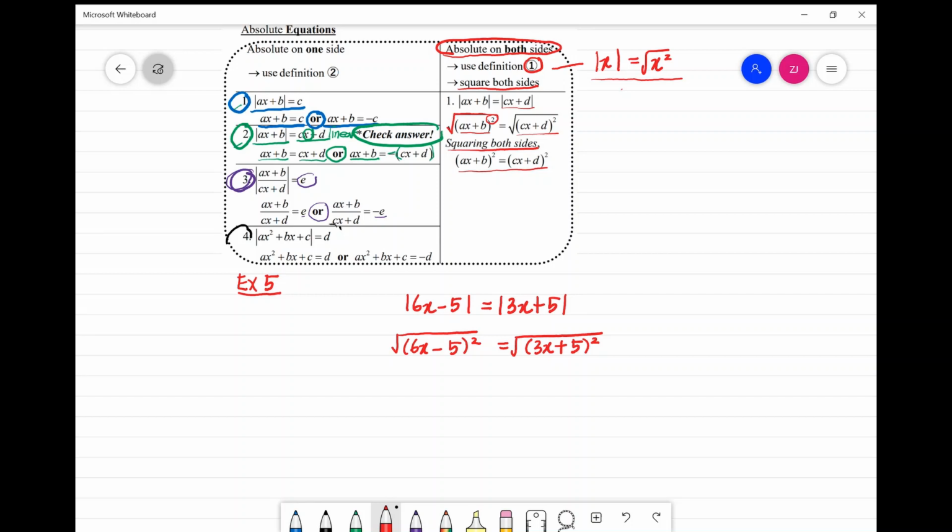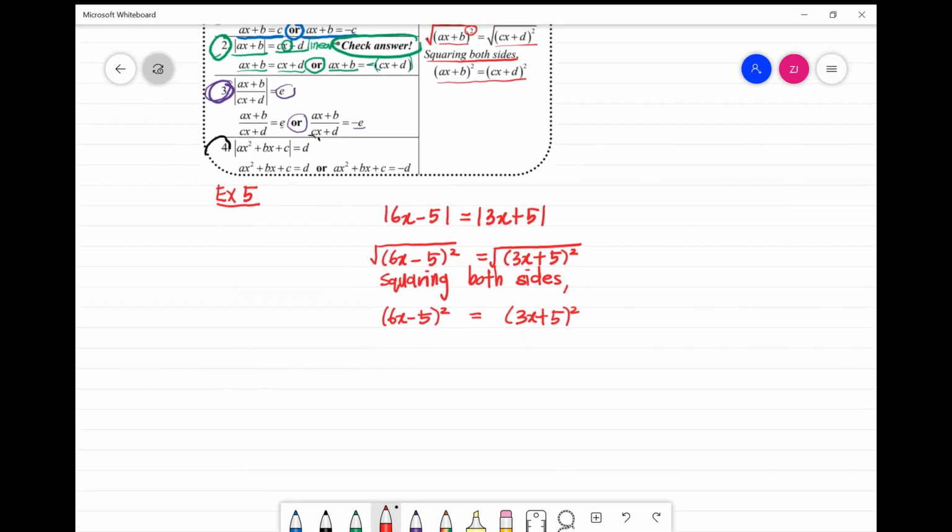In order to get rid of the square root, we simply square both sides, so we eliminate the square root. We have 6x minus 5 squared equals 3x plus 5 squared.